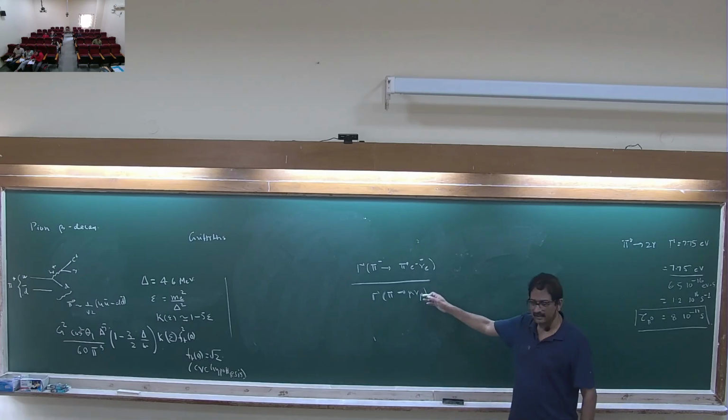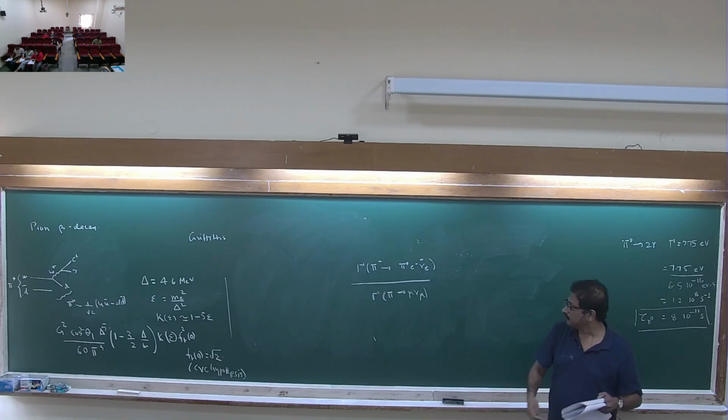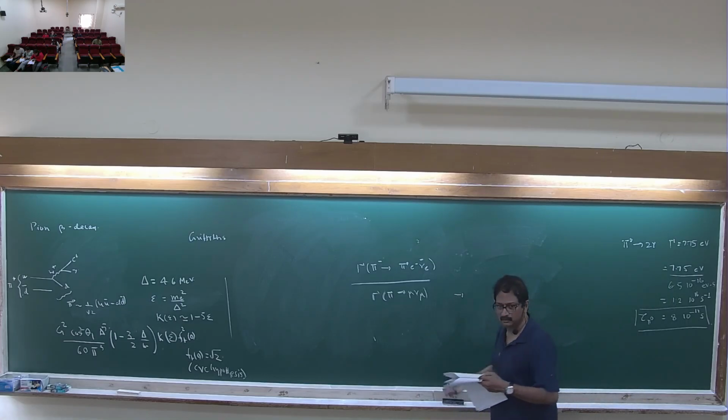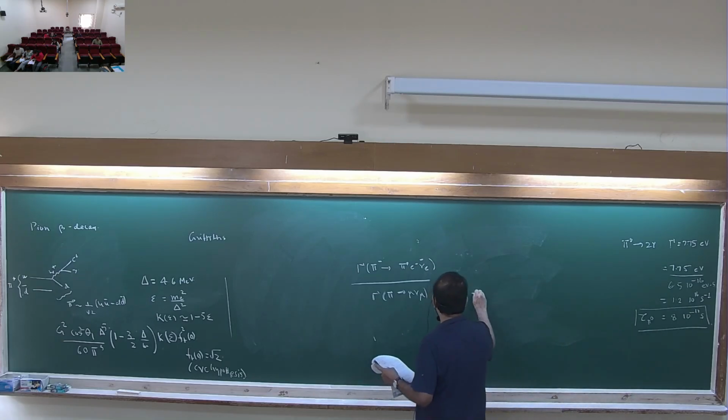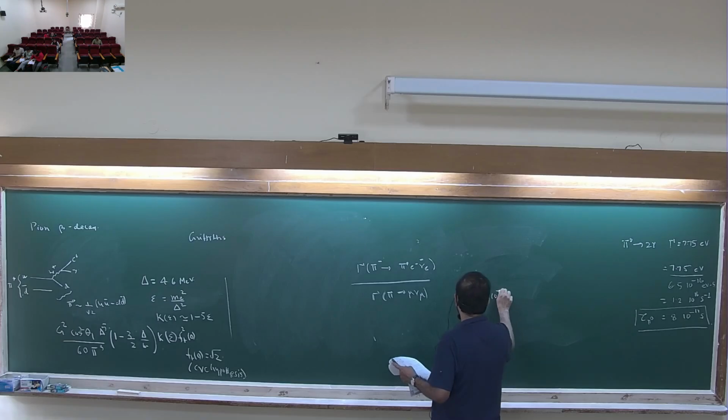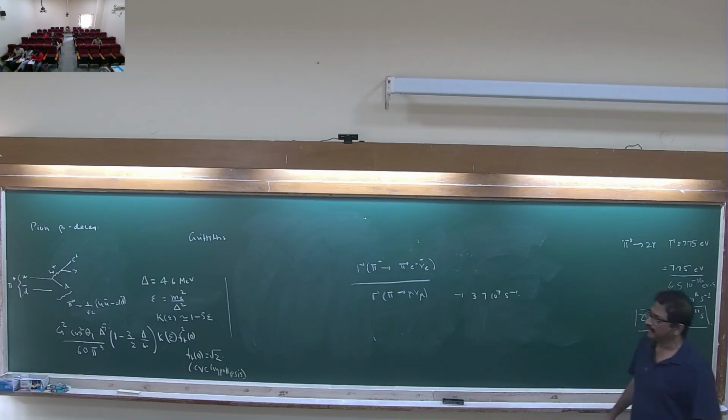This we already had earlier. What was the number we had for this one? Yeah. Let me see. I have to turn this back. 3.7 times 10 to the 7 second minus 1. Let's calculate this and see what we get.